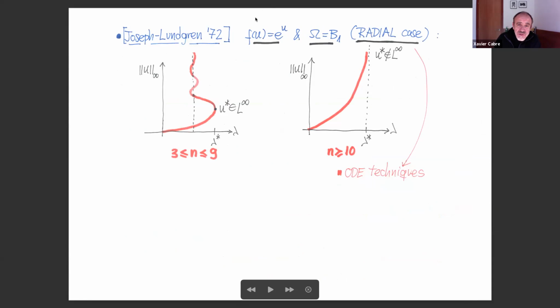Let me tell you what they saw, what they proved for the exponential nonlinearity. So here the domain is a ball and everything is radial. Up to dimension 9, the branch of stable solutions, which is here, you see my pointer, I guess, right? Yes, good, thanks. In L infinity norm remains bounded, and therefore the extremal solution is also bounded. Then by the implicit function theorem, there are no solutions for lambda bigger than lambda star.